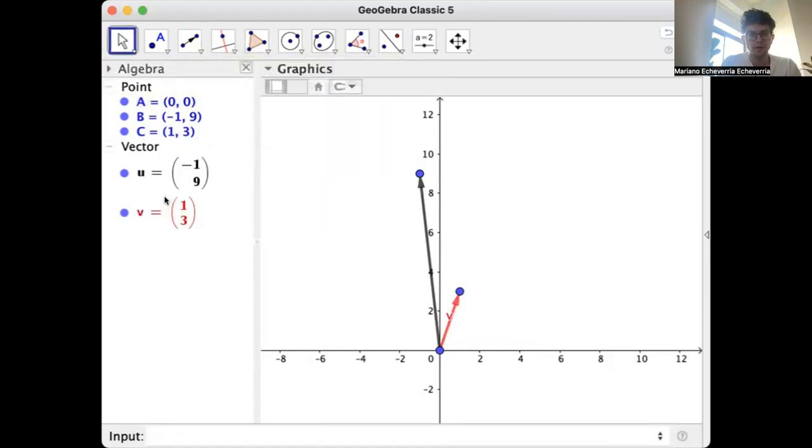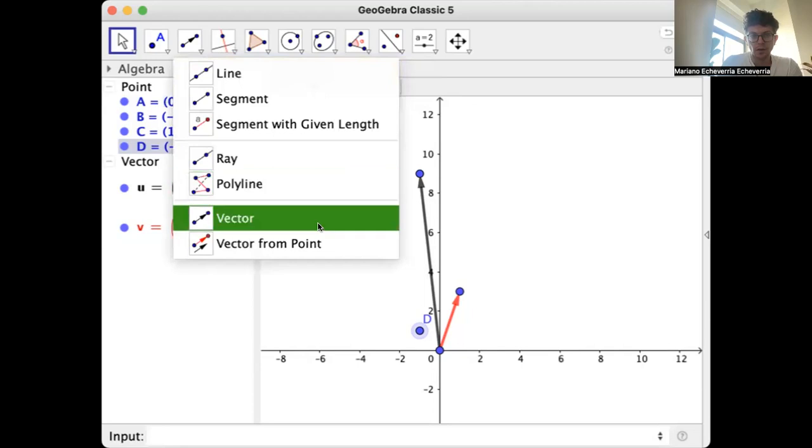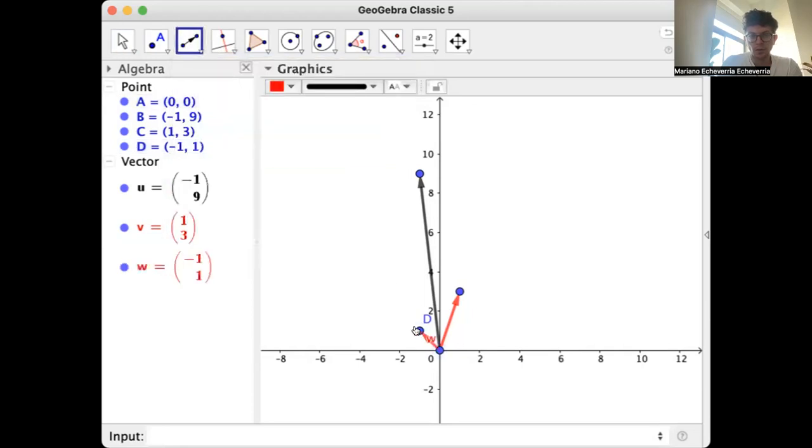Okay, so this is that vector. And then there was this other vector -1, 1, which is the blue one on the iPad.